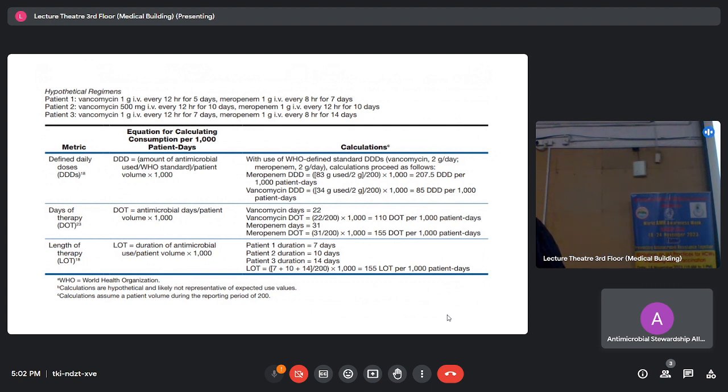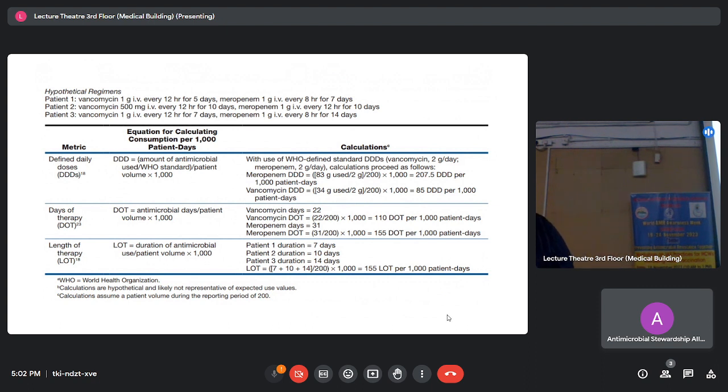So these can be compared. This data will be different for different institutes, and that can be utilized for making comparisons. Now here there is another thing, length of therapy, LOT. This length of therapy is a little complicated, because you have to take into consideration every individual duration of treatment.